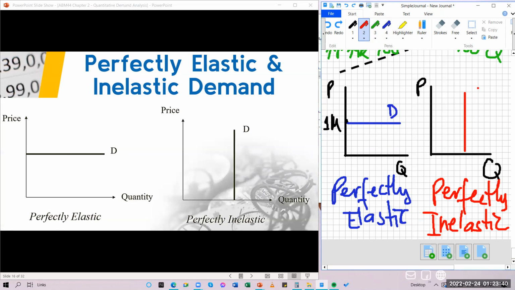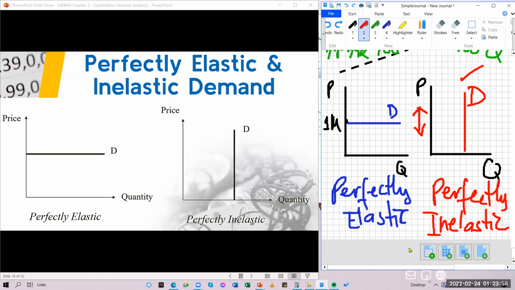Regardless of whether your price goes up or down, that means people will always buy. There is always a demand for that good.